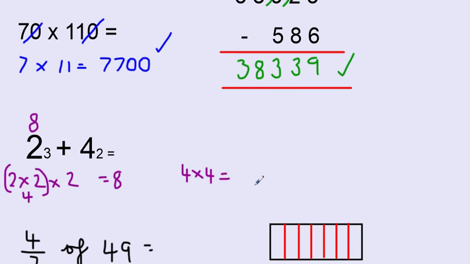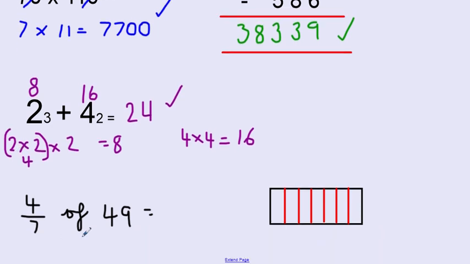And 4 times 4 is 16. Okay, so now we can do 8 add 16, which is, well done everybody, 24. You can give that one a neat little tick if you've got it.